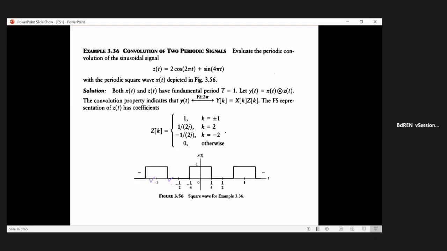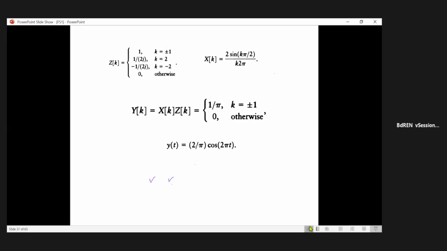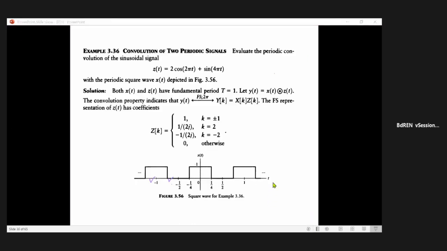Once your Y_k is available, we can again go back to y(t) simply by using the Fourier series, because your y(t) would be equal to the sum over k from minus infinity to infinity of Y_k e to the power j omega_0 k t. This is your time domain signal y(t).